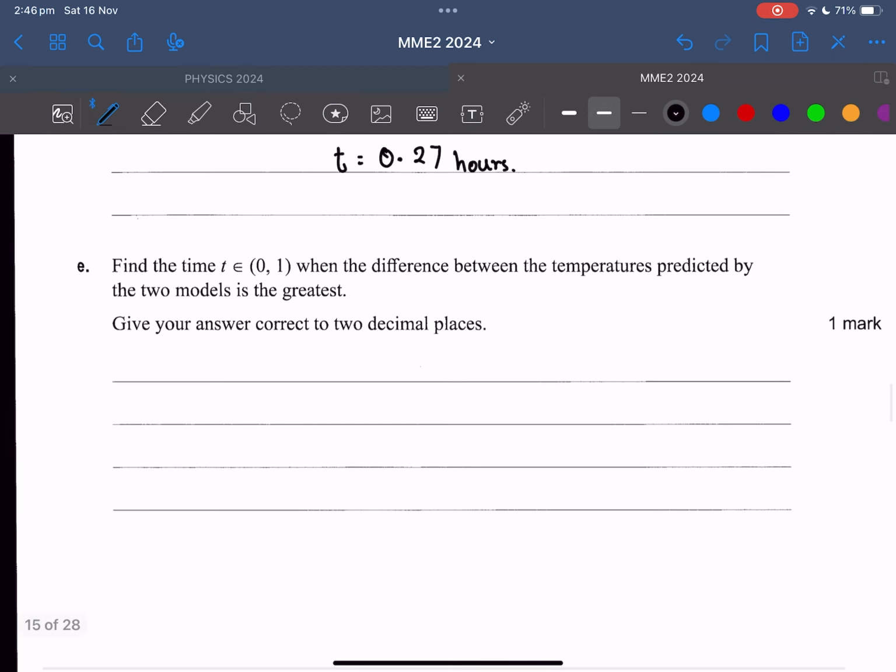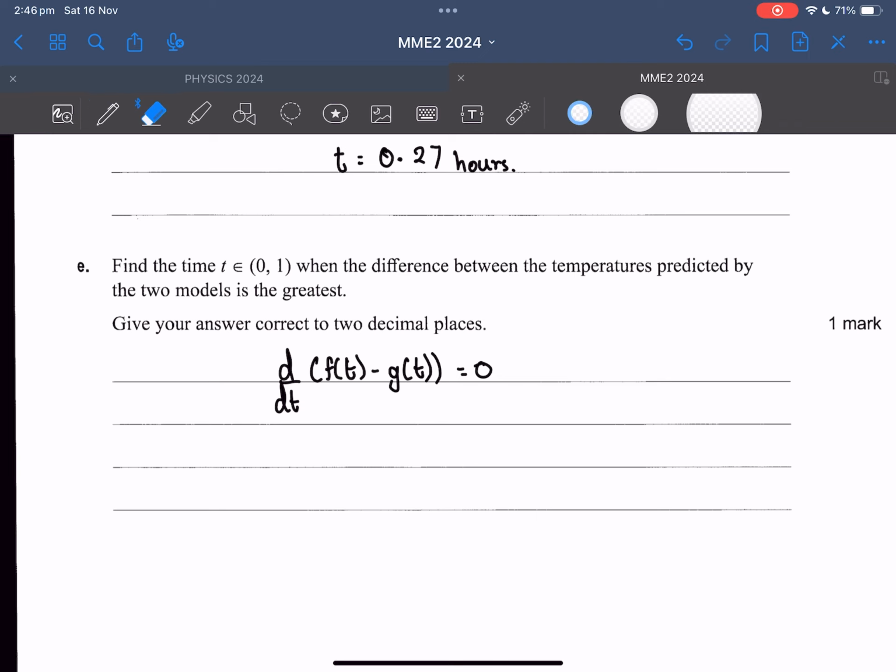Find the time when the difference between the temperatures predicted by the two models is the greatest. Give your answer to 2 decimal places, and again the time is between 0 and 1, so good to keep that in mind. So we are basically finding d/dt of f of t minus g of t, then we set it equal to 0 to find the maximum.